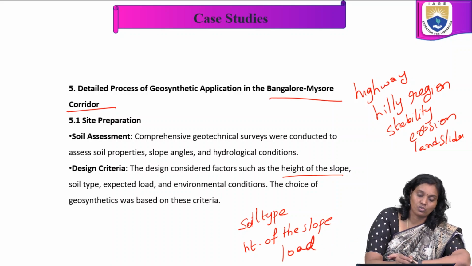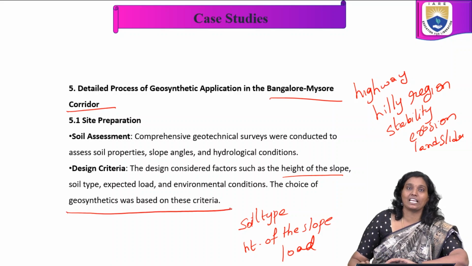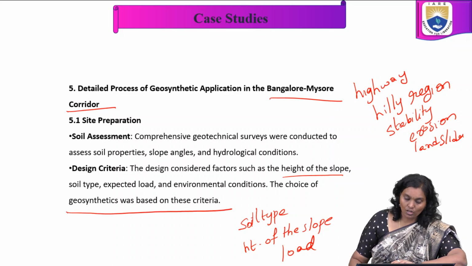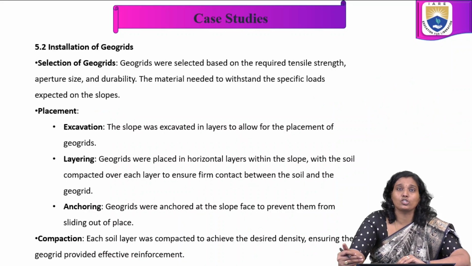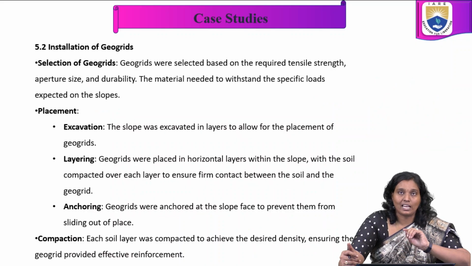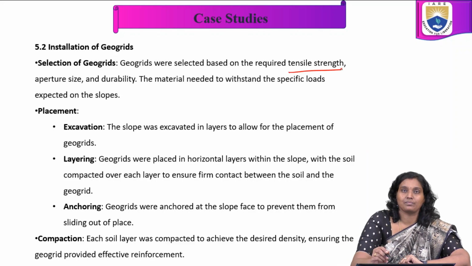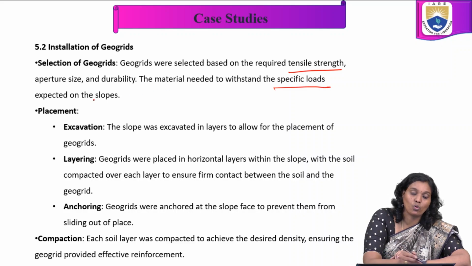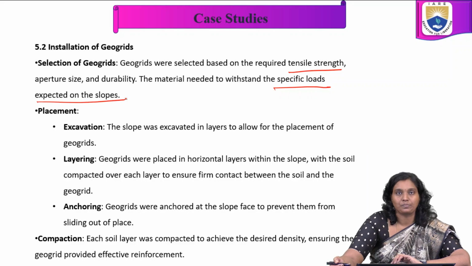The choice of geosynthetics was based on these criteria. After site preparation comes installation of geogrids. Selection of geogrids was based on the required tensile strength, size and durability. The material needed to withstand the specific loads expected on the slope.